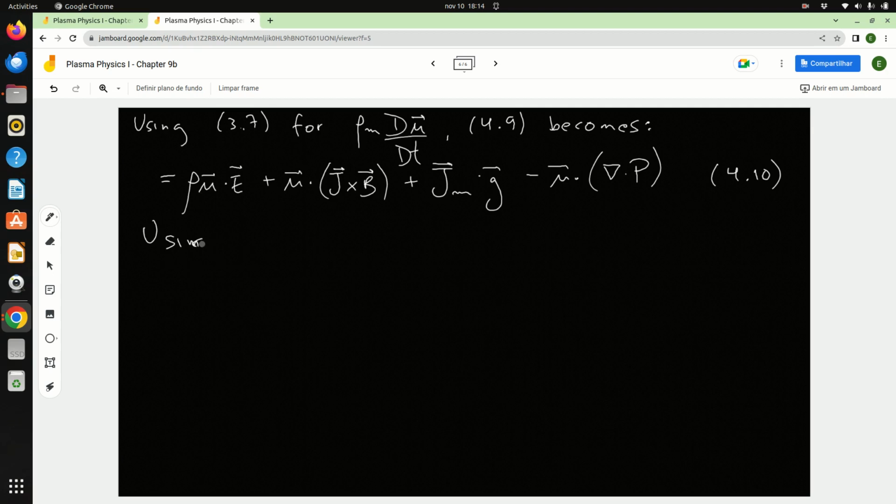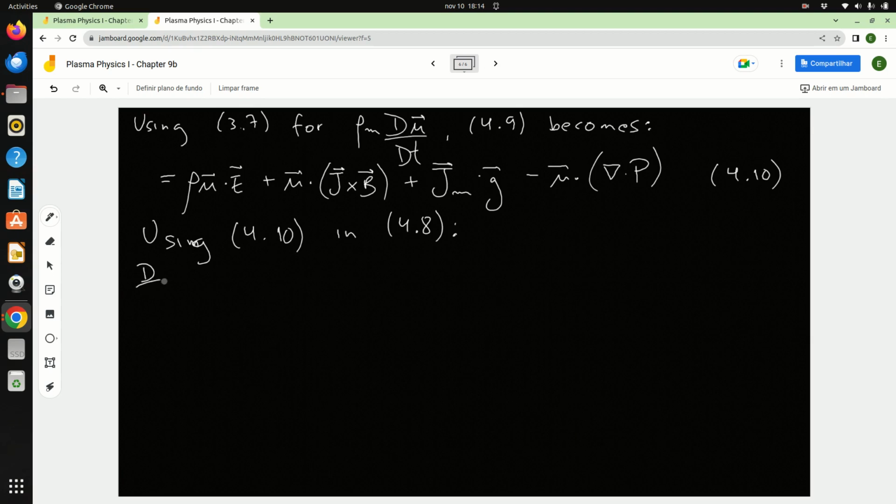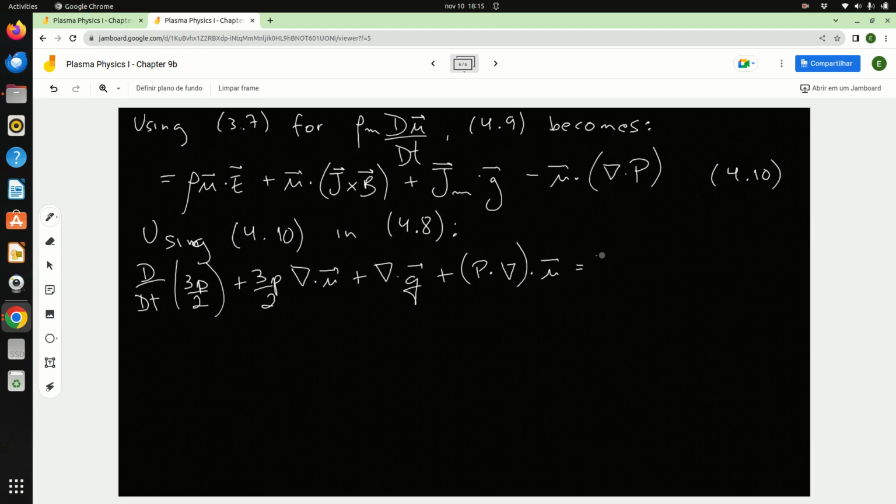Now using 4.10 in 4.8, remember 4.8 is this, we get d dt of 3p over 2 plus 3p over 2 divergence of u plus divergence of q plus p dot nabla dot u equal to j dot E minus u dot j cross B minus rho u dot E. 4.11.